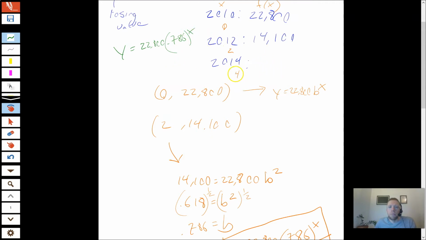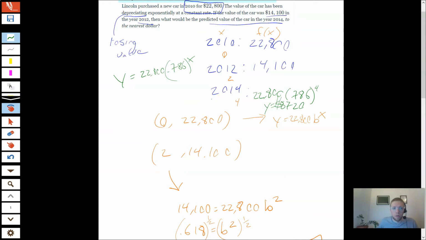In 2014, we would have 22,800 times 0.786 to the x, and x, rather, should be 4, because 2014 is year 4. And when I plug that into my calculator pretty much exactly as I see it, I get y equals $8,720. I did do some rounding there because remember it asked me to round to the nearest dollar.